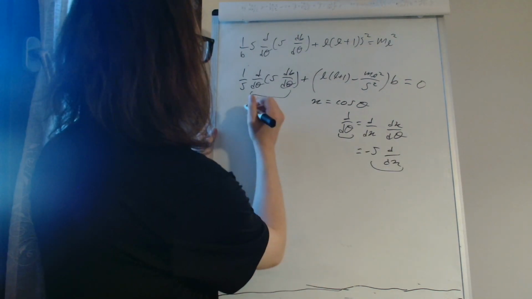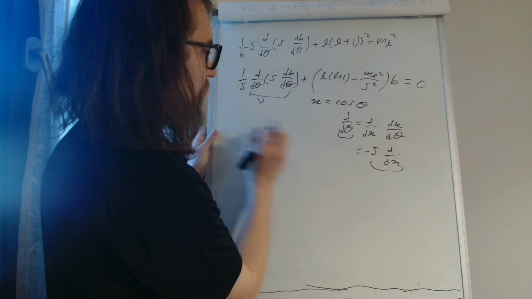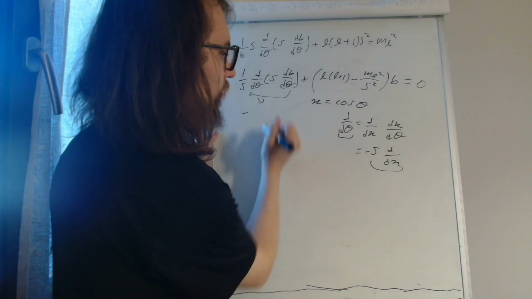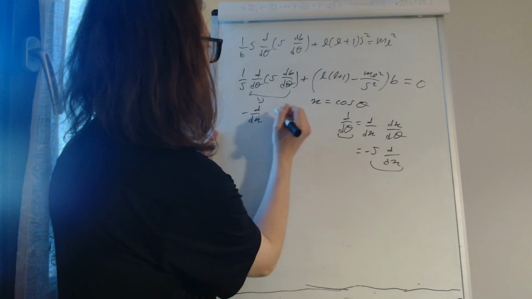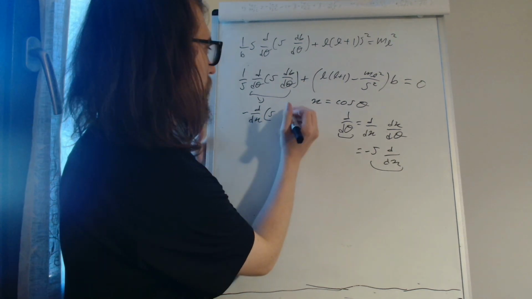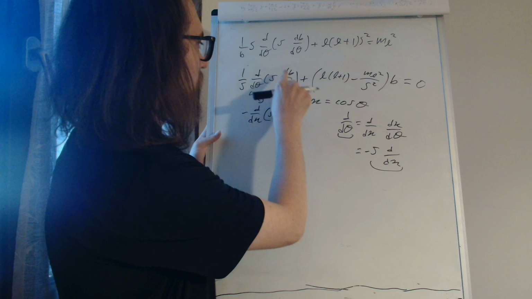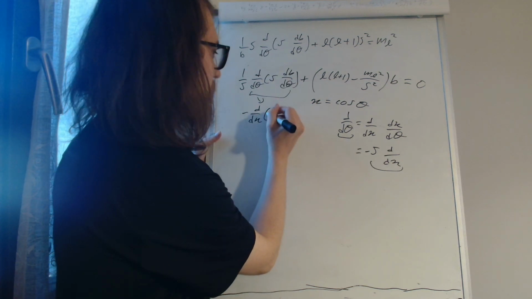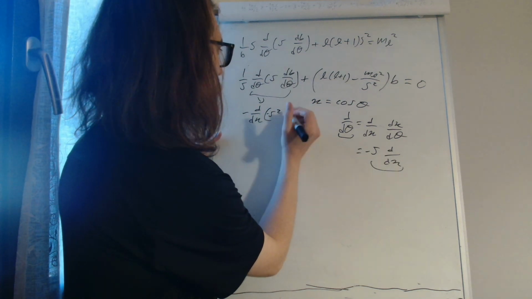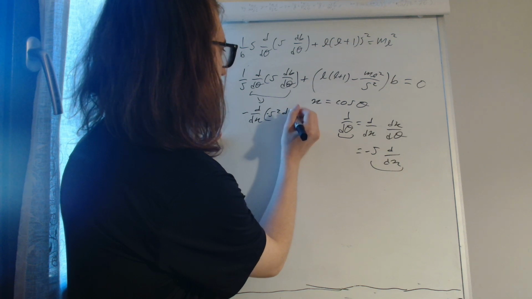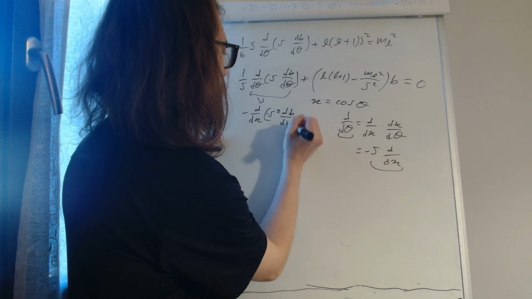So I substitute here and I get 1 divided by sine times minus sine, d/dx of sine. d/dθ is this, so I get minus sine squared d/dx.